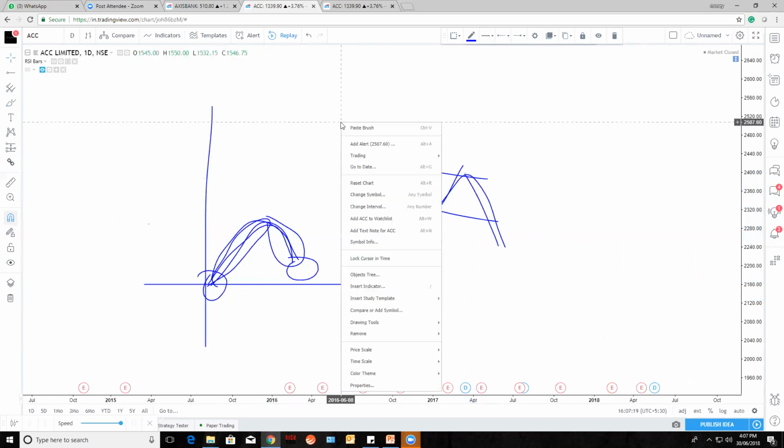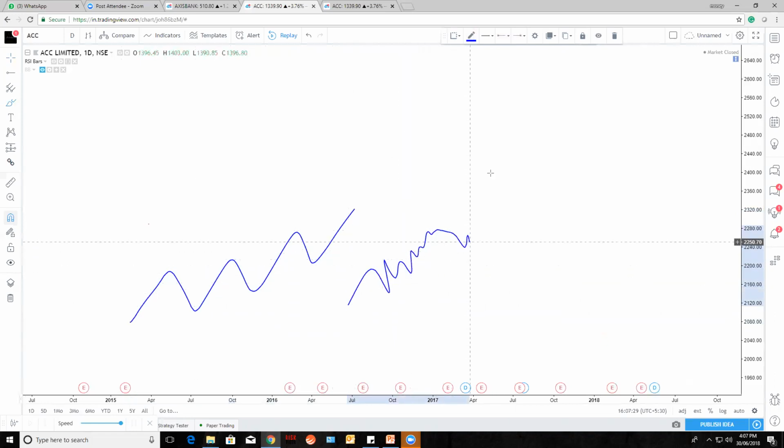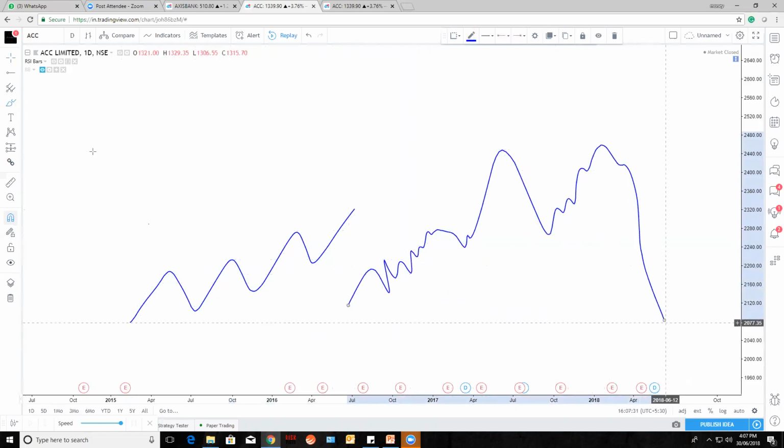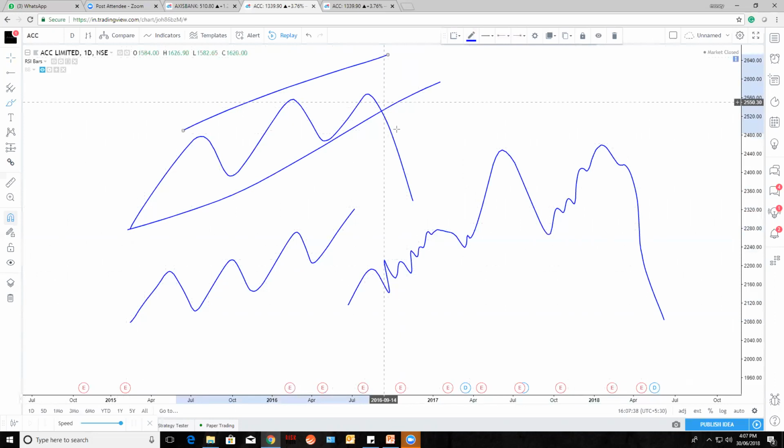In every chart, if you look at every chart, there are different waves. They make some waves like simple waves. They make some complications, but there are waves, right? If you see the chart, you will clearly see the waves, upside or downside. You will see the waves or a price movement.